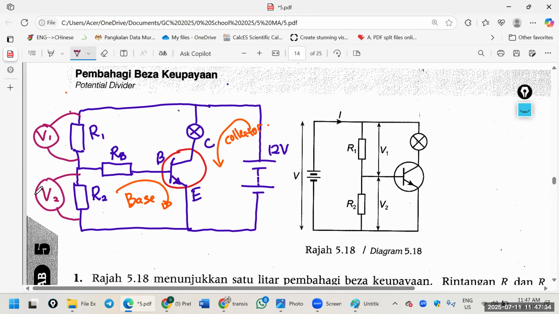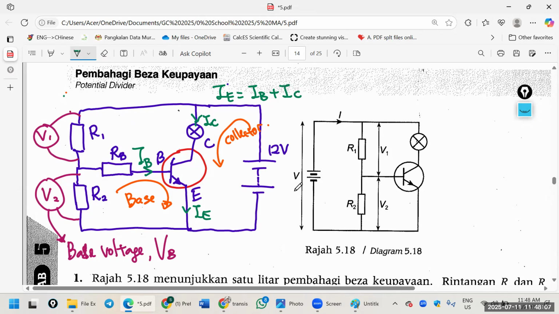We also call this voltage the base voltage, VB. Then the current flowing inside B we call IB. The current flowing inside C we call IC. So IB plus IC become IE. So IE equals IB plus IC.